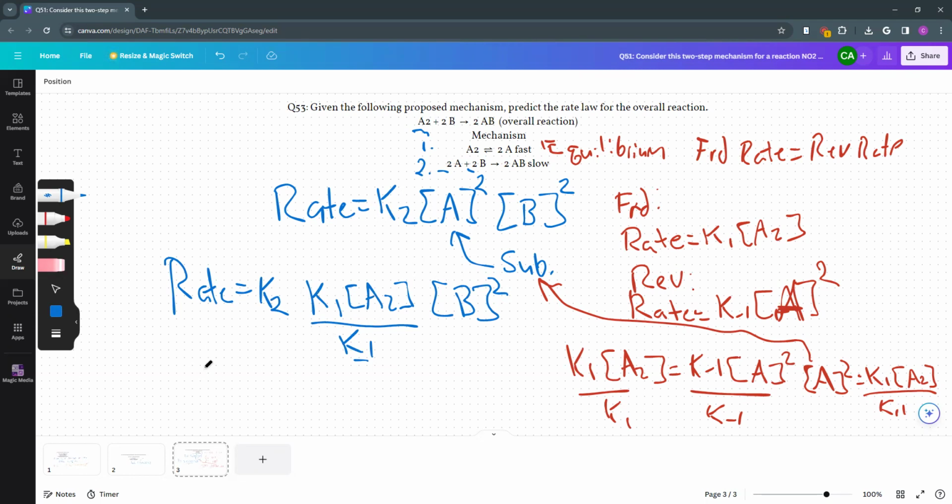Whenever you have multiple K's, you can simply say all of these K's are just equal to K, right? K2 times K1 divided by K minus 1, well, that's just K. So it becomes K A2 B squared. And that is the rate law. And that's how easy mechanisms can be. If you have any questions, let me know. Otherwise, I will see you in the next video.